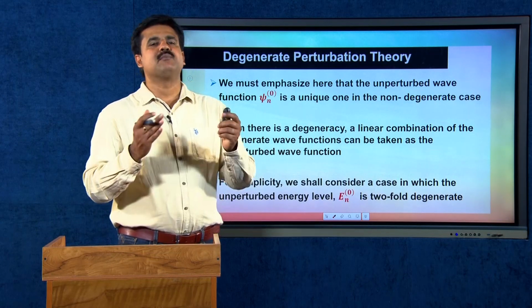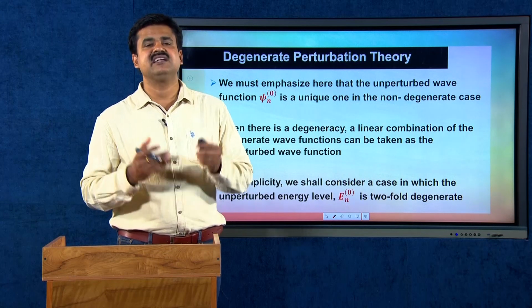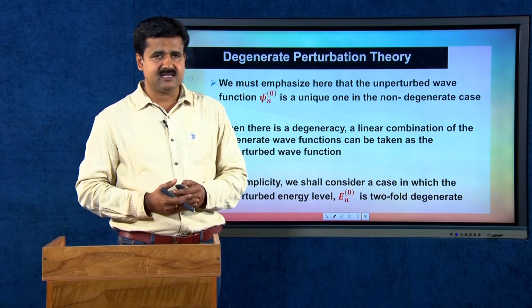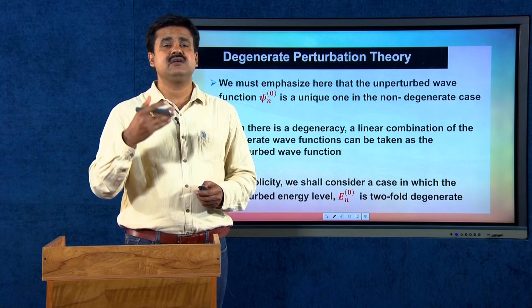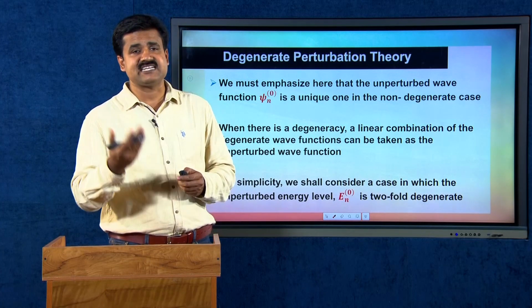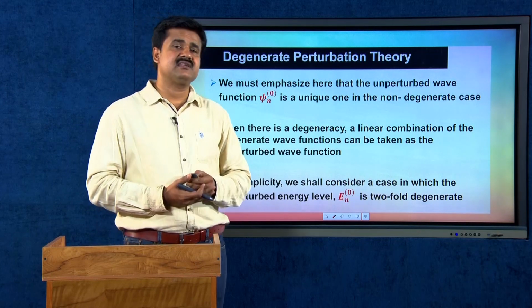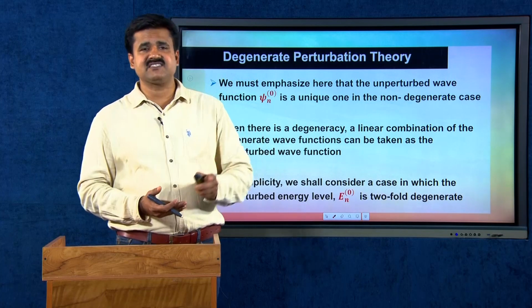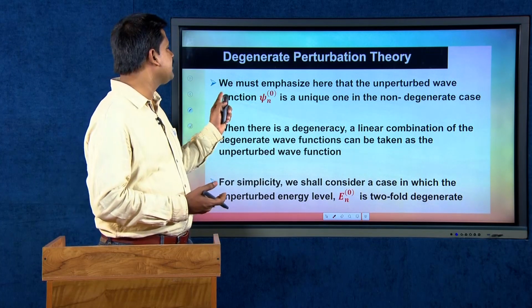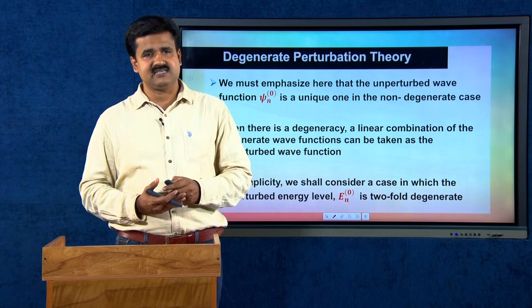Now, we are moving to the last part of the discussion, that is nothing but degenerate perturbation theory. We previously mentioned non-degenerate perturbation theory, where we apply perturbation to non-degenerate eigenfunctions, and now we are focusing on degenerate perturbation theory. We must emphasize here that the unperturbed wave function psi n0 is a unique one in the non-degenerate case.